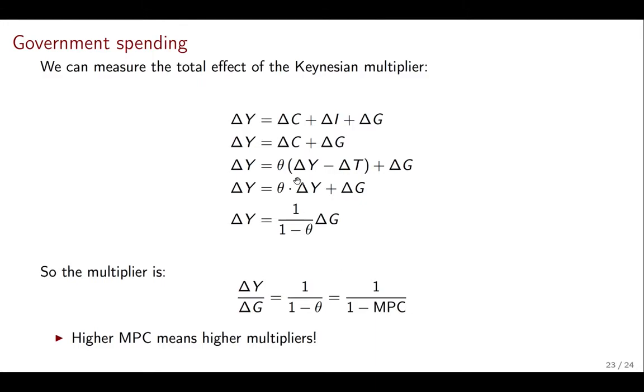If you had this be 0, then you would just get change in Y equal to change in G, just as before. Before, the change in consumption was 0 because the effect of additional government spending cancelled with the effect of additional taxes. Now that it doesn't, you get this multiplier effect that's going to be stronger the more consumption reacts to that additional income that you're getting.